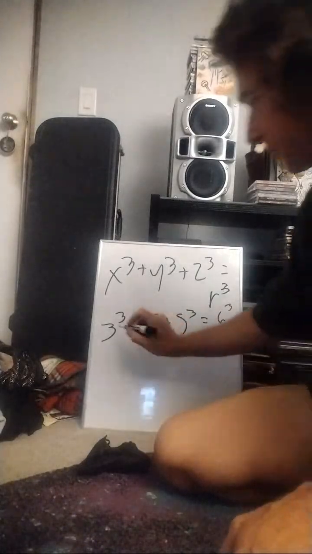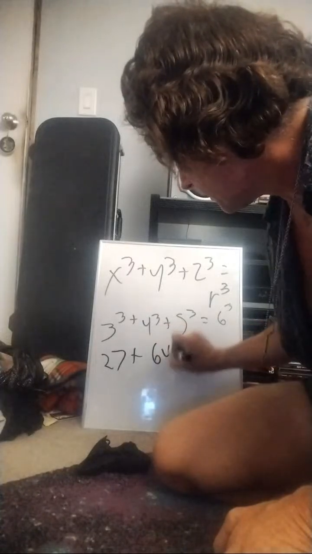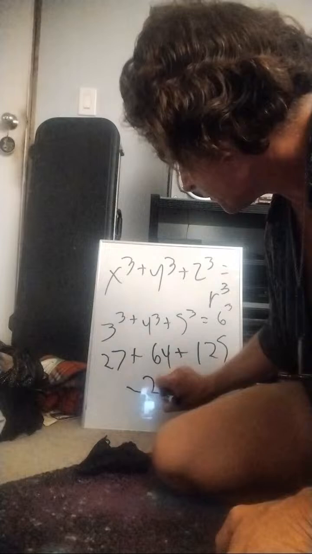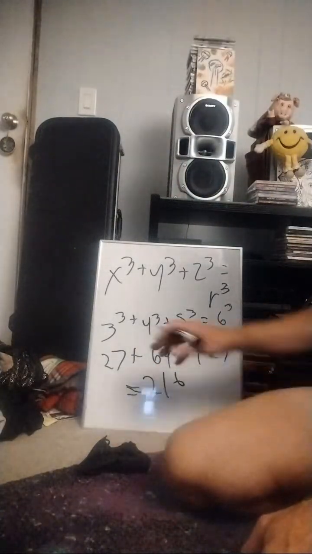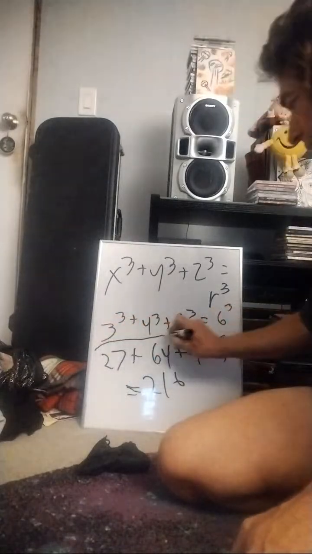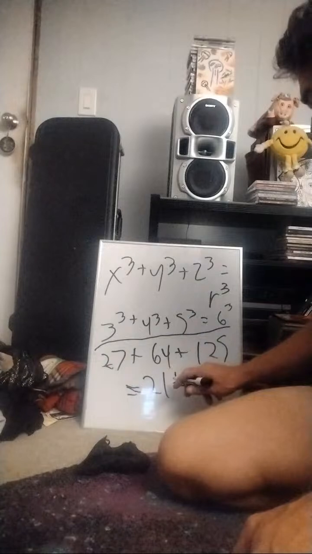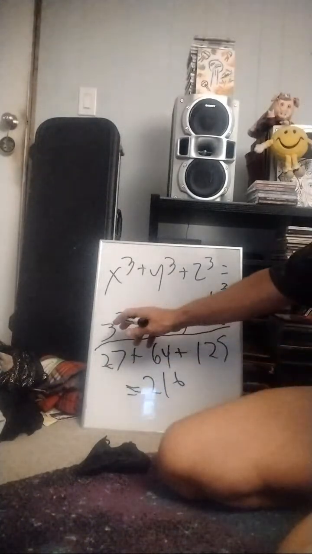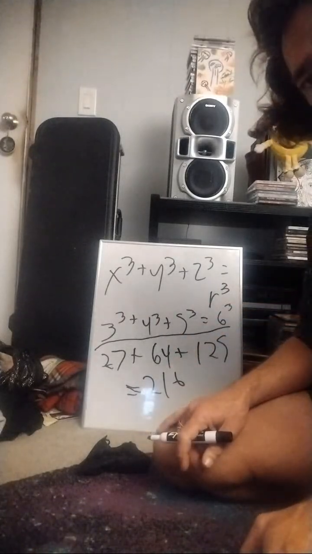If I remember right, 3 cubed is 27, 4 cubed is 64, 5 cubed is 125, and sure enough, that equals 216, which is 6 cubed. So it actually works for 3 dimensions. 27 plus 64 plus 125 equals 216. Quick check, yeah. And this is a 3-dimensional version of the Pythagorean theorem.